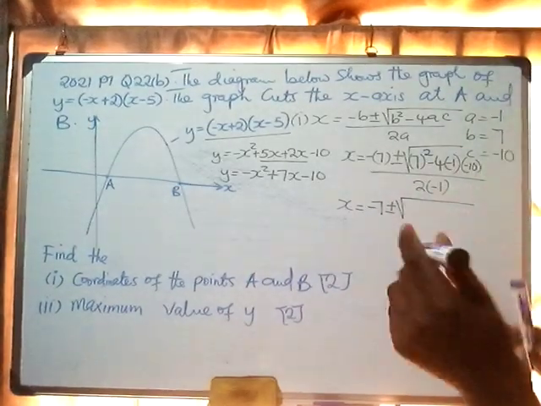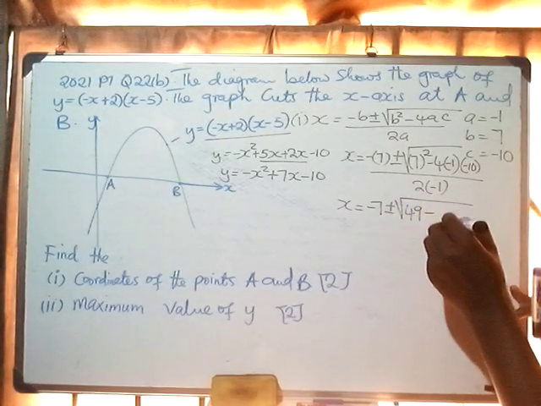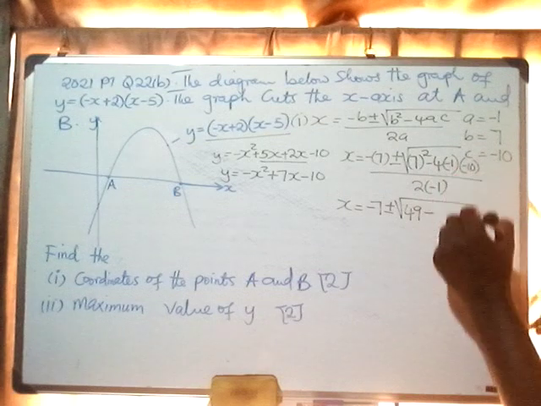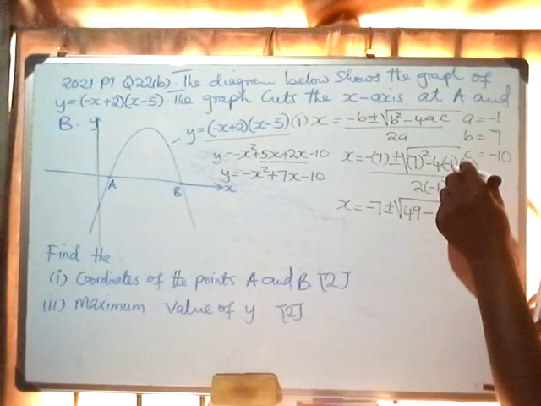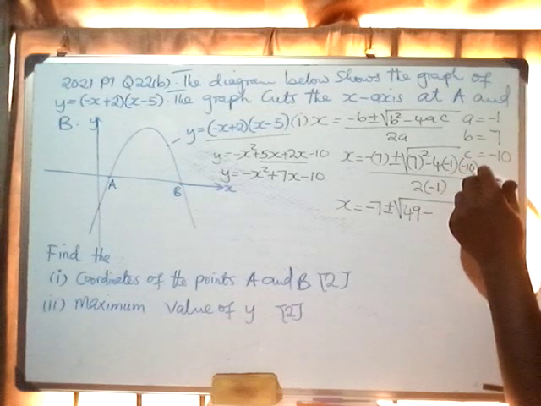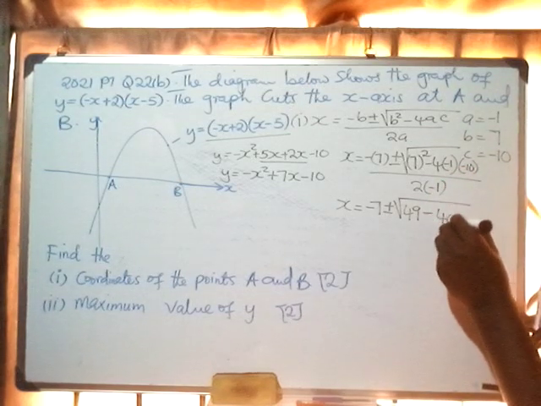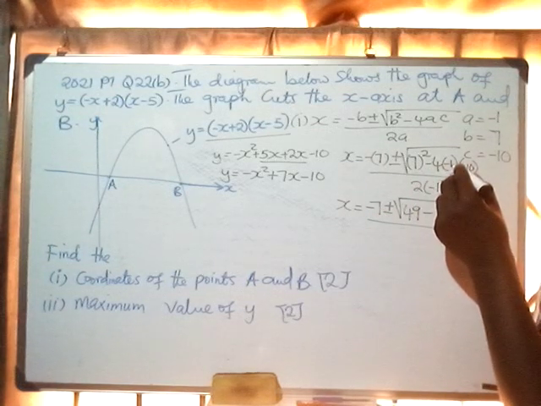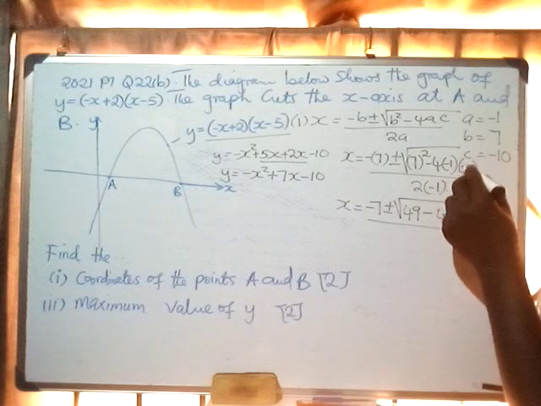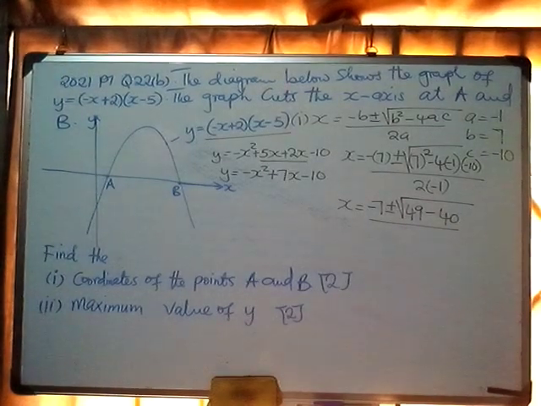What is 7 squared? We have 49. So it will be 49 minus 4 times 1 times 10, it will be 40. So it will be minus 40. Why minus 40? Because negative times negative becomes positive, and positive times negative becomes negative. So that is what we have.